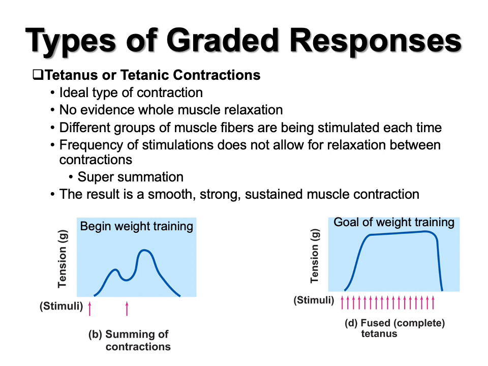But as you train the muscle, you can get it to the tetanic type of contraction where there's no fatigue and it can sustain the contraction for a long time. Because of this strong type of contraction, and it's called tetanic, that's how the disease tetanus got its name, because of its sustained contraction caused by the bacteria.